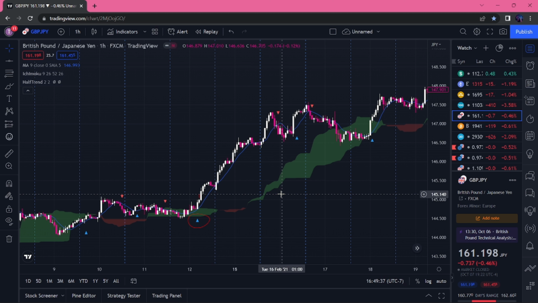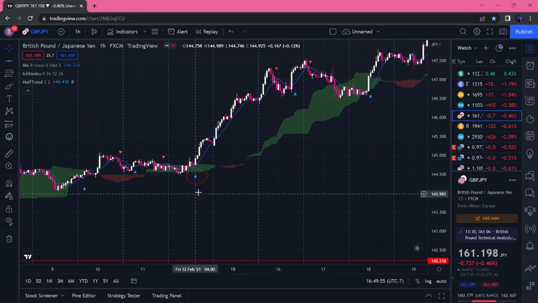I haven't held any of my trades longer than a week, but you can, and this is going to be a really good example on what happens when you hold your trade for longer than a week. All right, so we got in on the next candle and we're riding it up.